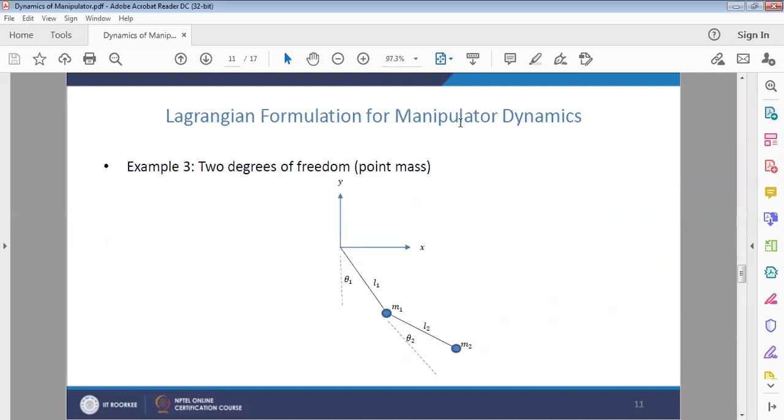The elevated distance of mass m1 is from this datum line. From this datum line we need to take the distance. So this is minus l1 cos theta 1.